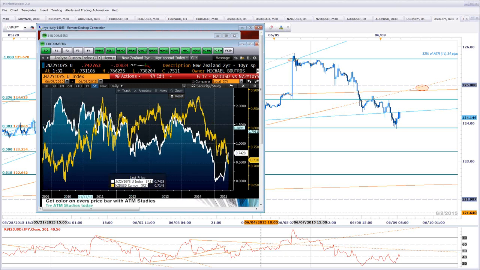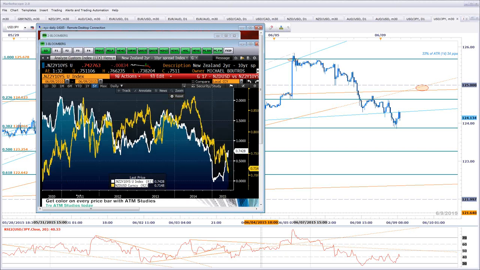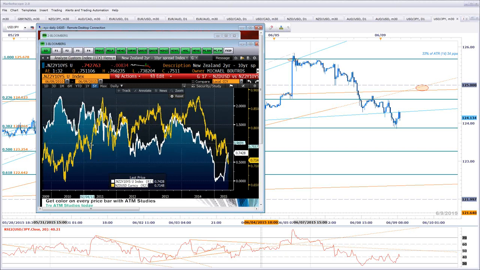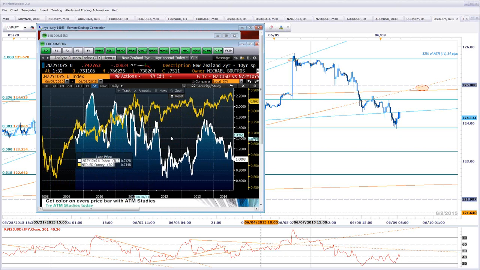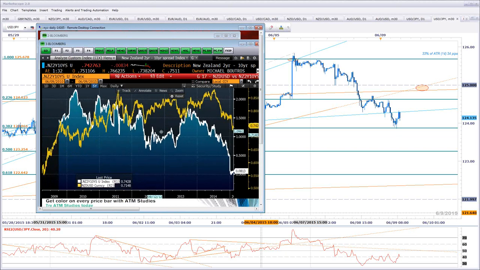Basically what we're looking for is what will turn first, price, or will you see that spread start to widen out first? If you take a long enough approach here, you can see what peaks first.